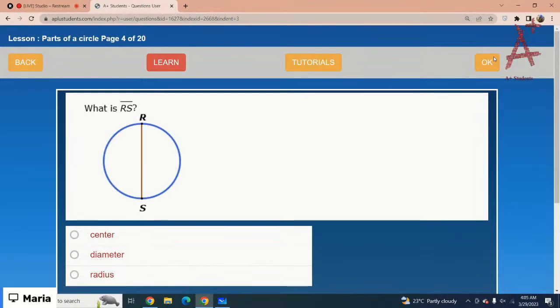What is RS? RS is the line that passes through the center of the circle, so it would be the diameter.